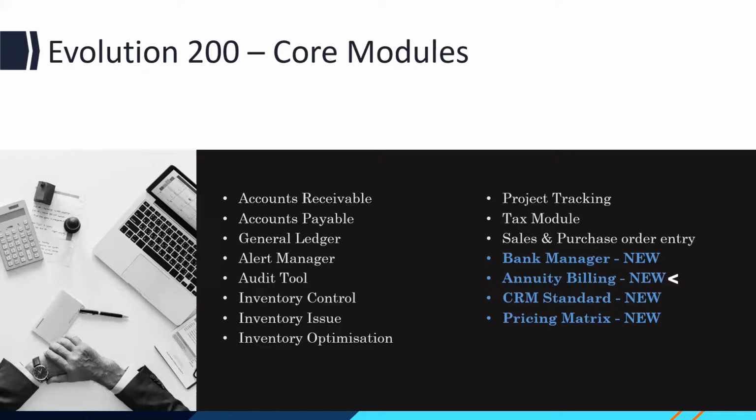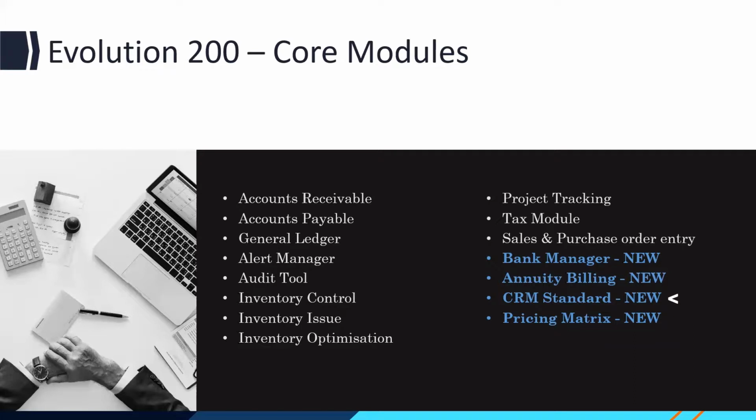The CRM standard module allows you to create workflow in the company, and you're allowed to create incidents on inventory items, fixed assets, as well as clients. This module is a customer-centric module that allows you to keep track of all the interaction between your employees as well as your customers. This module integrates into the Outlook application, and interaction between clients and employees can be automatically uploaded to an incident.